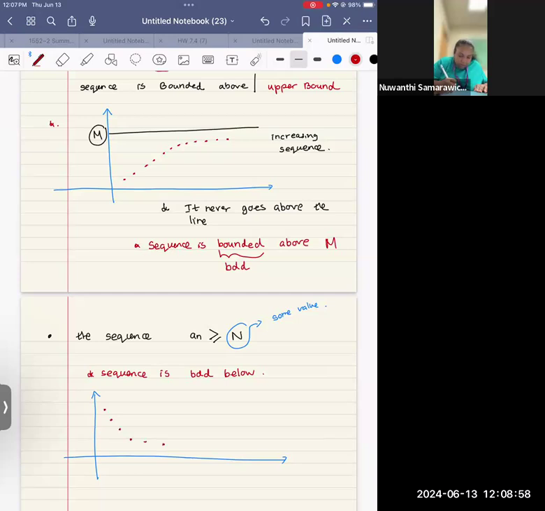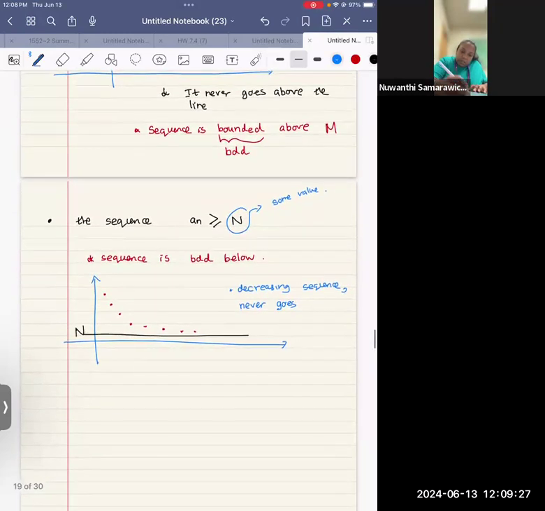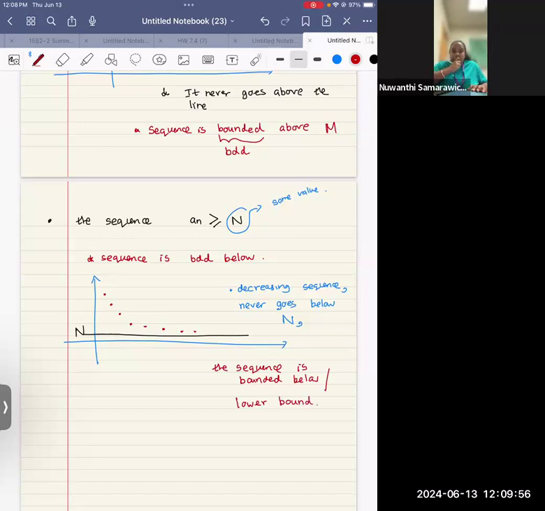If you have a decreasing sequence, and this is the line N. If this decreasing sequence never goes below N, then we say the sequence is bounded below, or it has a lower bound.